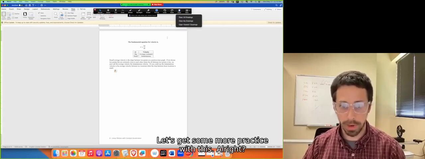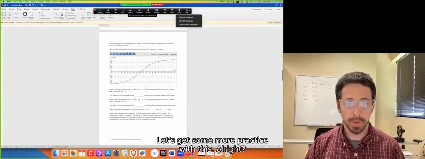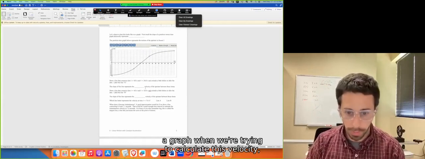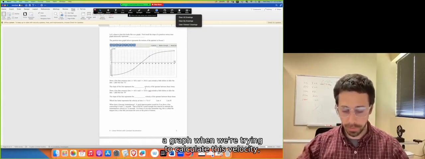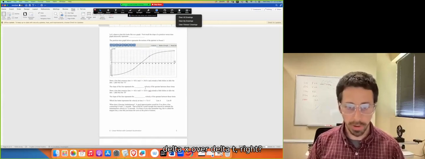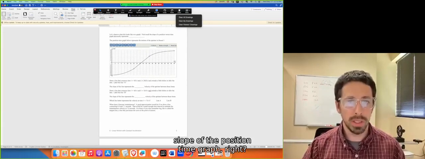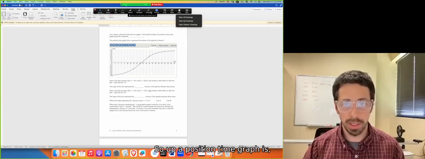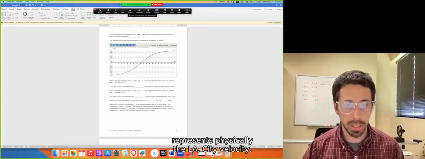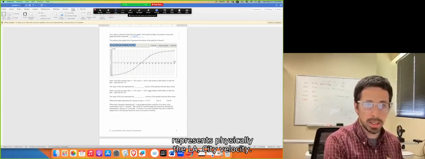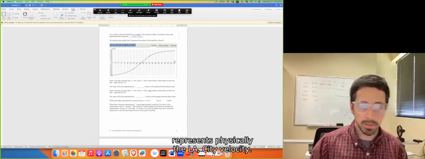All right, let's get some more practice with this. So let's observe what it looks like on a graph when we're trying to calculate this velocity, delta x over delta t. But we have to first recall the slope of the position time graph. Slope of the position time graph represents physically velocity.